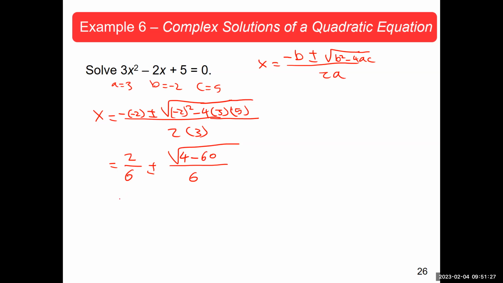Okay. This has become 1/3, positive negative, 6 square root of -56.